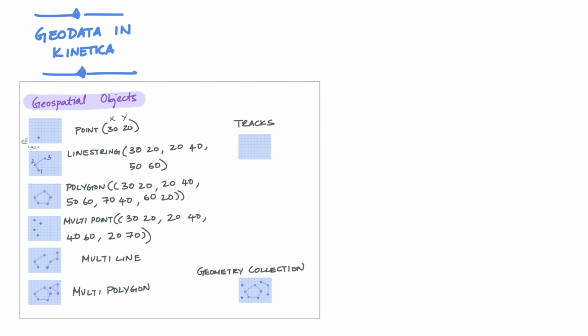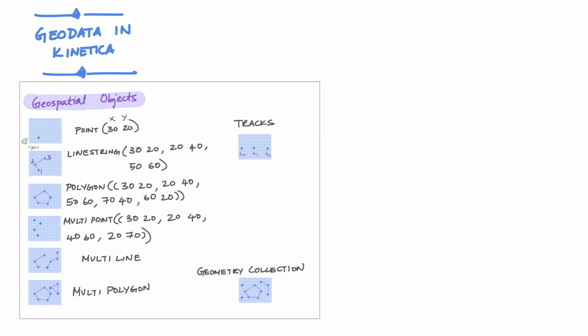The last type of geospatial object supported by Kinetica is called a track. Tracks are a bit different from other geospatial objects described here. They combine points with timestamps to describe the path of an object over time. For instance, consider cars moving over different paths and time.